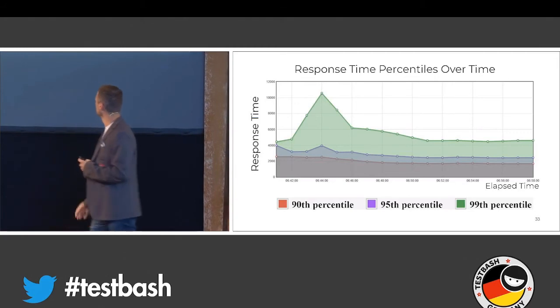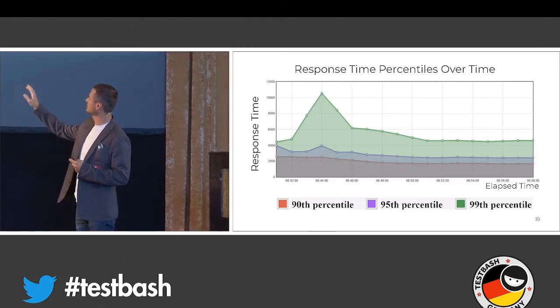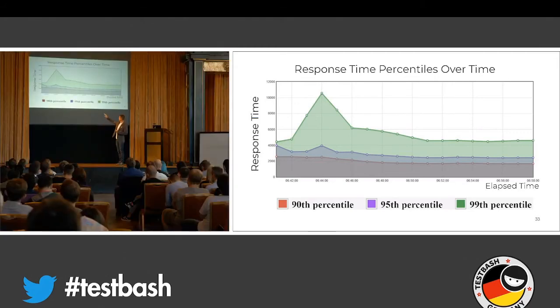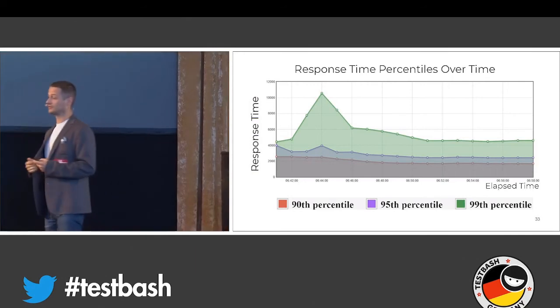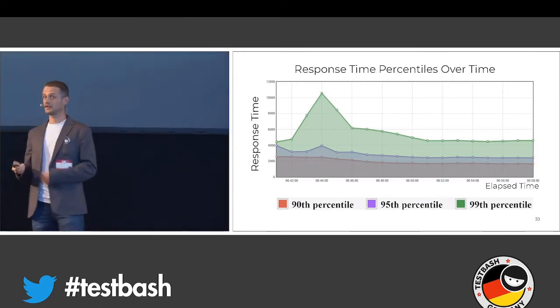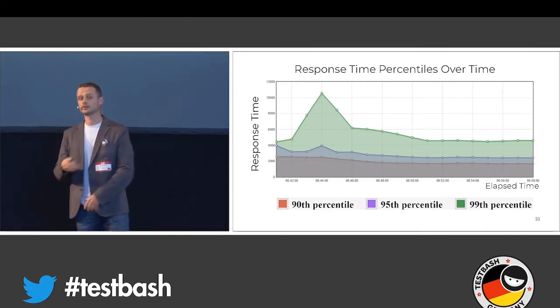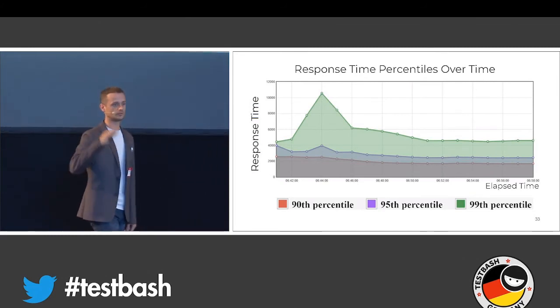And if you see, let's take the 90th percentile, it's red, and the red one is above 2 seconds. So you can say that 90% of your users will experience a response time for that particular API or scenario of a bit more than 2 seconds.